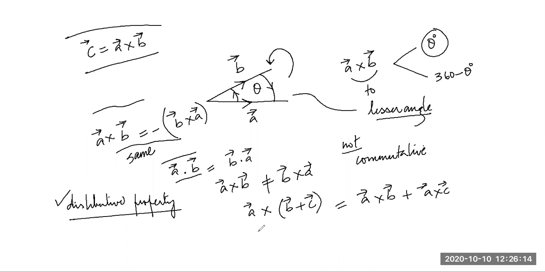But then the scalar product is also distributive: A dot (B plus C) is equal to A dot B plus A dot C. Make sure you put the arrow, very important. This or this doesn't matter. Okay, this is done. Now comes next.